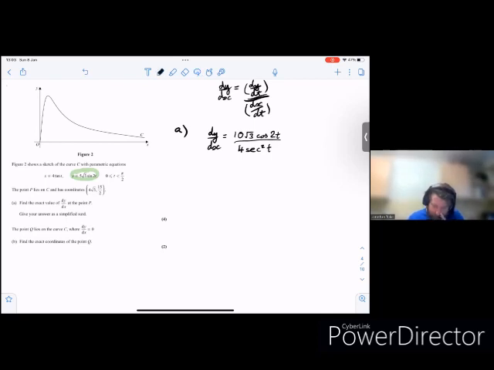So at the point where, let's say, x equals 4 root 3, that means that 4 root 3 equals 4 tan t. So tan t equals root 3. So t equals pi over 3.